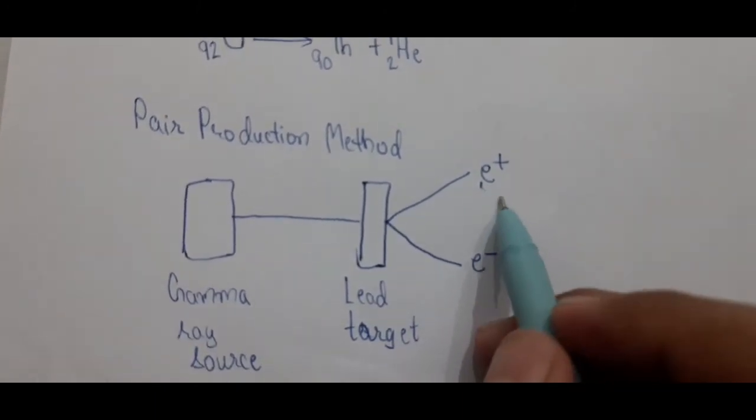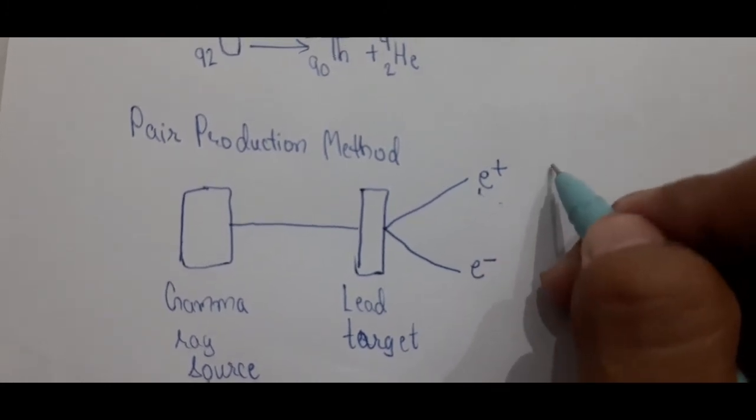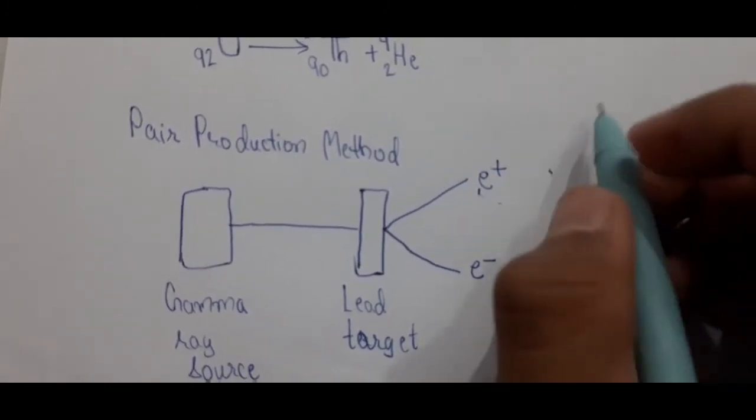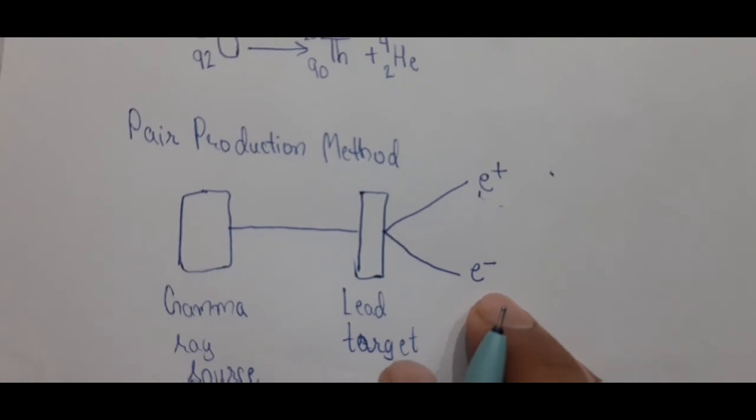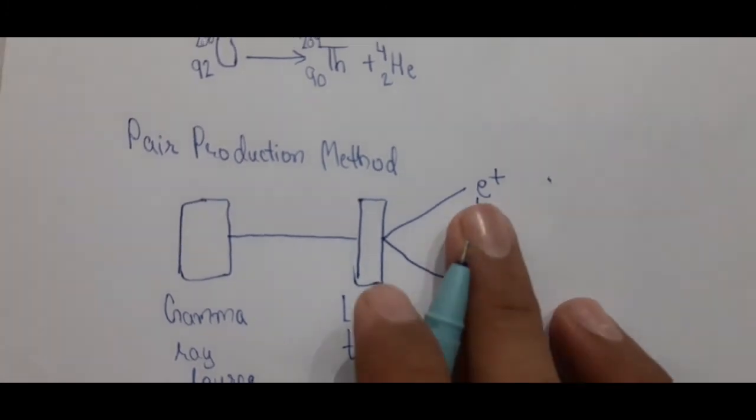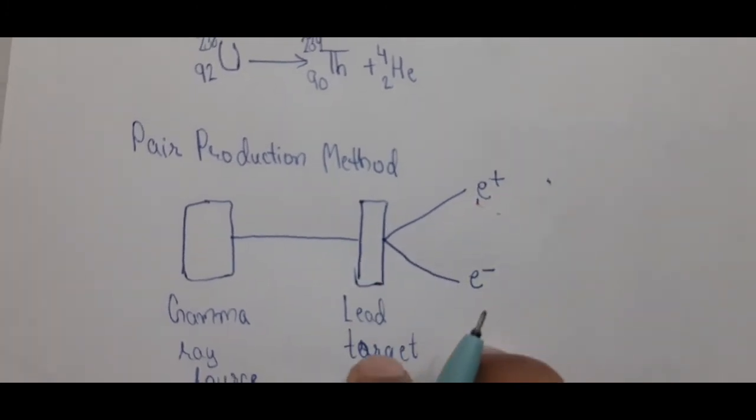A positron is the same as an electron, same charge magnitude and same mass, but it has positive charge and the electron has negative charge.